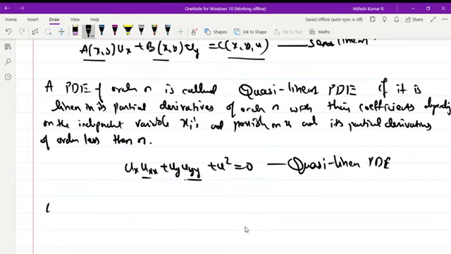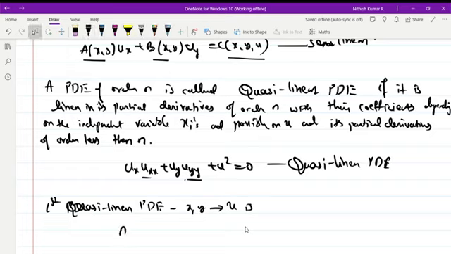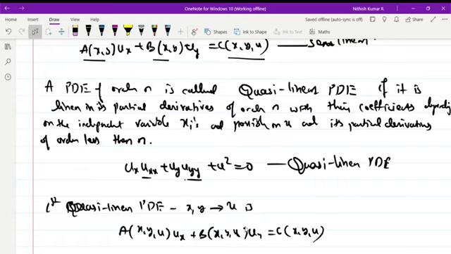Again, the general form of a first order quasi-linear partial differential equation in variables x comma y for the unknown function u is a of x comma y comma u into ux plus b of x comma y comma u into uy is equal to c of x comma y comma u.